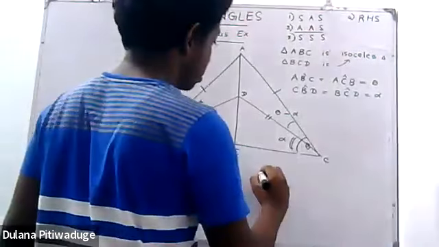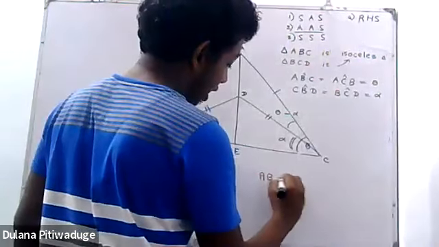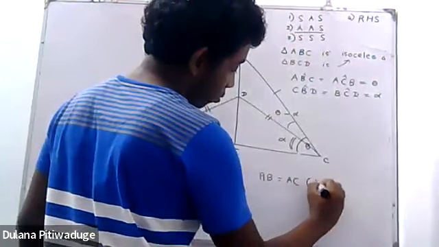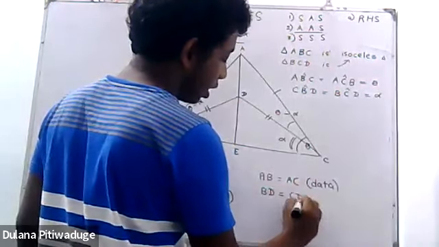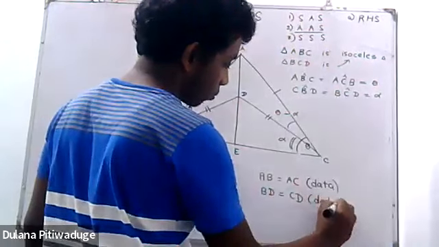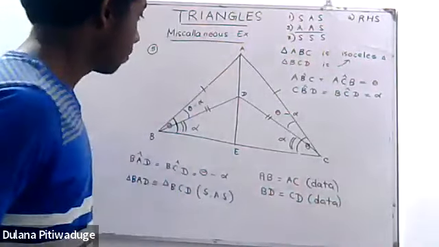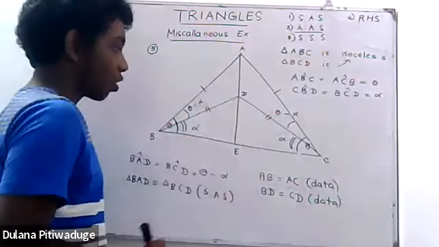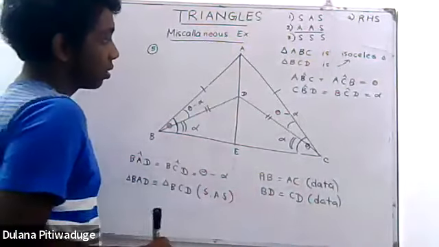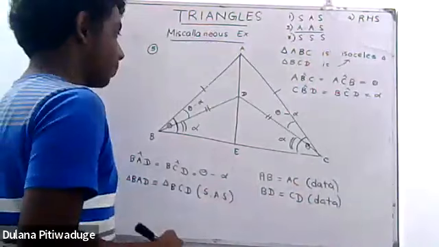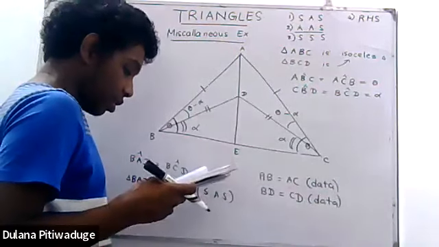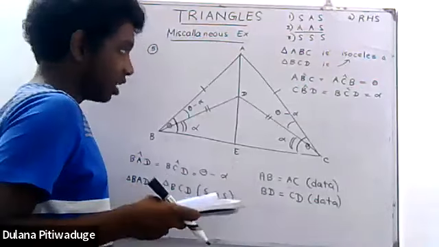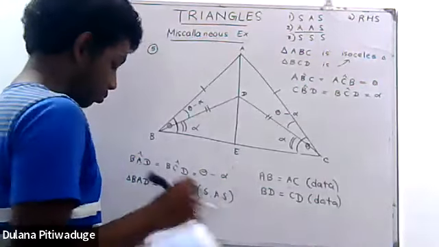BA equals AB equals AC, data. BD equals CD, data. Then these two triangles are congruent. Then what have they asked us to prove? They have asked us to prove that the triangles ABD and CAD are congruent. We have proved that.